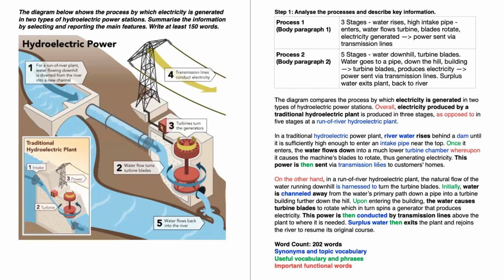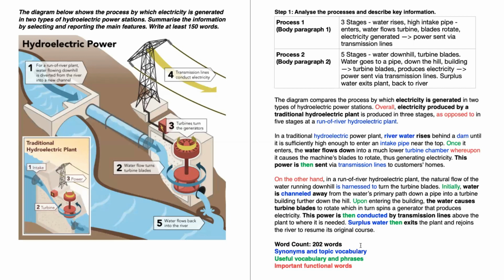Now again, our words in blue are very specific to this type of prompt, and I knew it was river water just because of this phrase here in the other process diagram, so really use this to your advantage. I've emboldened this because it is the active, so it's the difference between active and passive like we looked at earlier in this video. So the river water rises behind a dam. Again, this is just from outside knowledge and vocabulary.